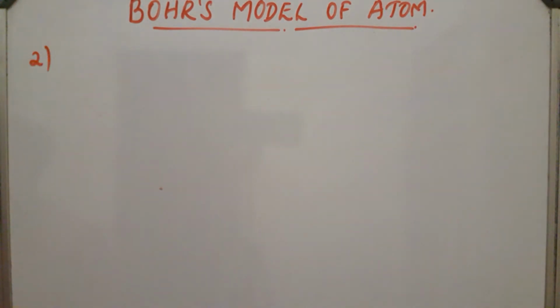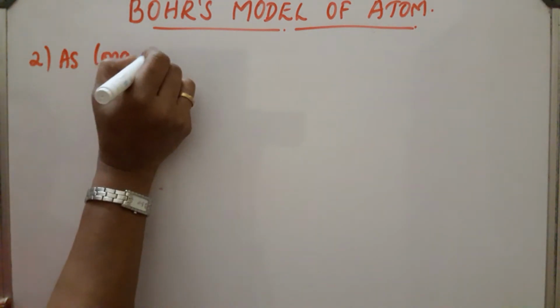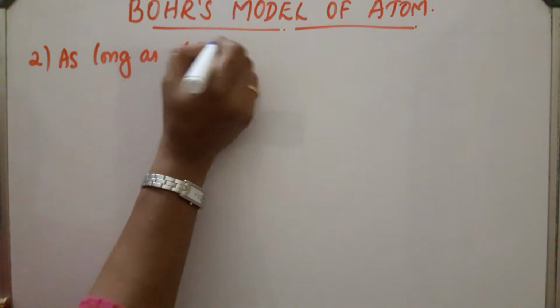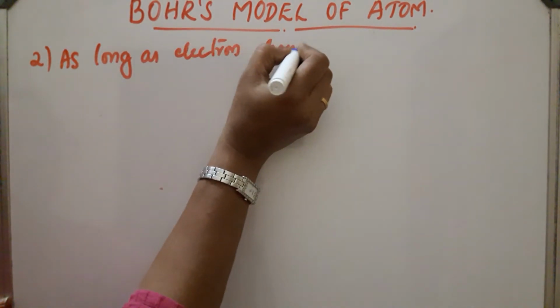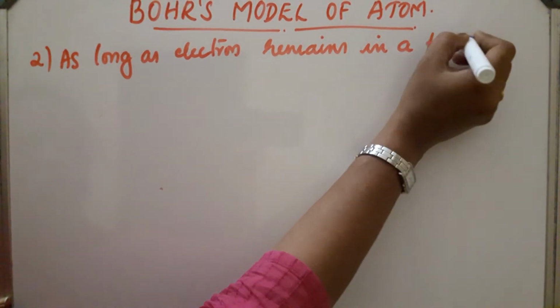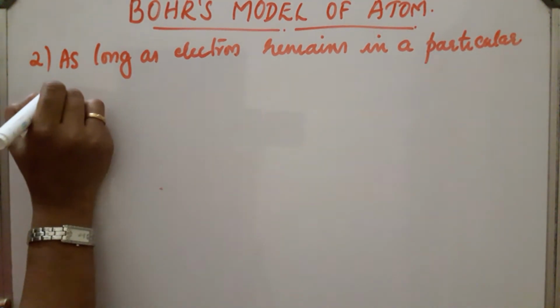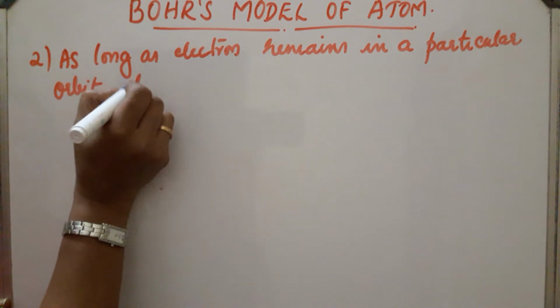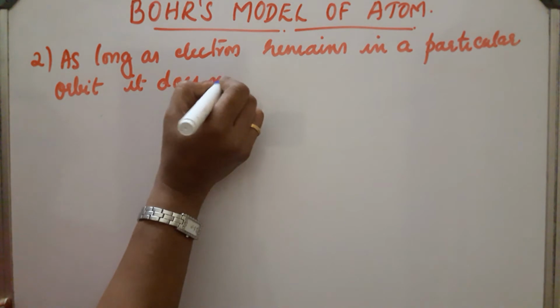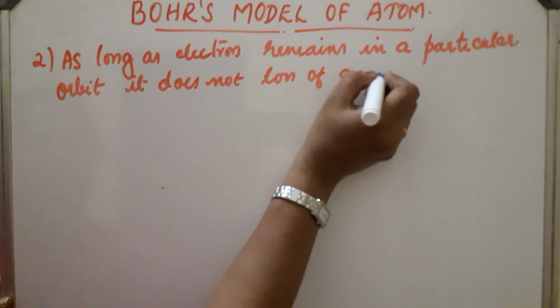Second point. As long as the electron remains in a particular orbit, or shell, or energy level, it does not gain or lose energy.